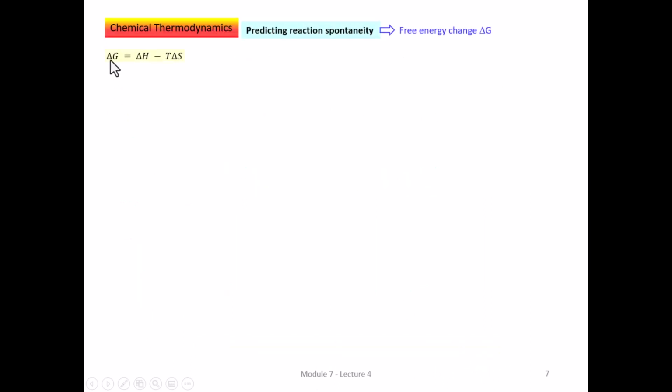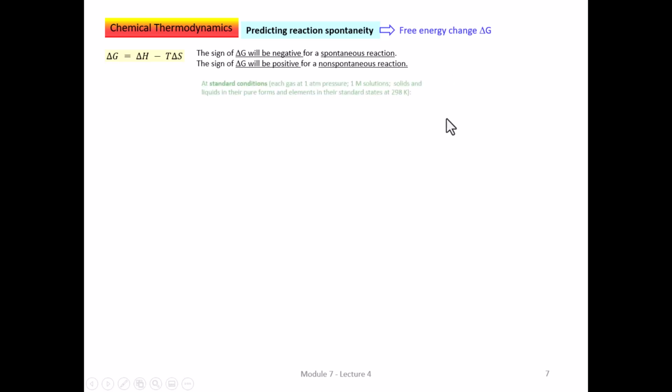So I've rewritten our equation for deltaG here and reminded you again that the sign of deltaG will be negative for a spontaneous process, which of course means that the sign of deltaG will be positive for a non-spontaneous process.